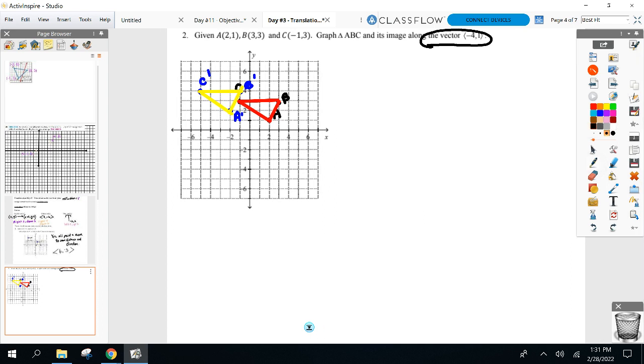I know the directions don't say it, but I'm going to ask 3 people right now to state those coordinates. What's A prime, B prime, and C prime, just so I can show you something as well.